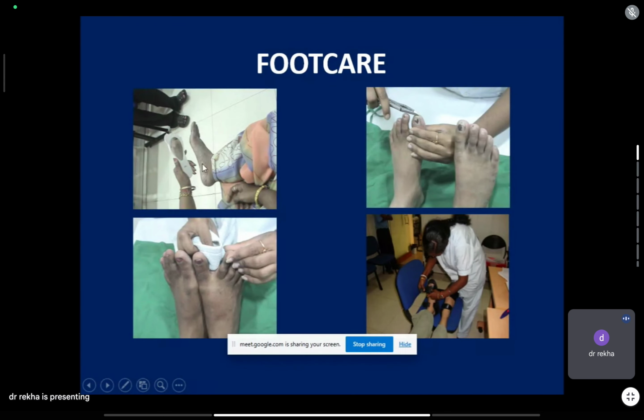How do we do foot care? You always ask the patient to inspect their foot by this type of mirror and cut the nails just straight across and file the side, and always ask the patient, family member to wear this type of footwear and just try in between the toes.